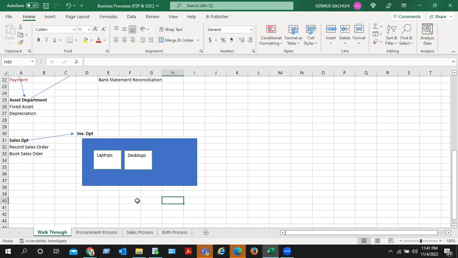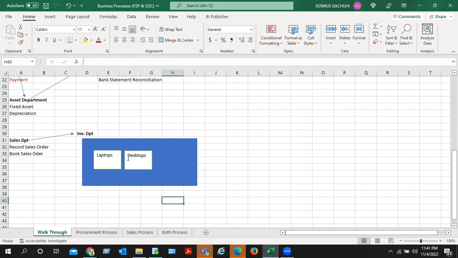What usually happens is, you can refer to these two sub-inventory departments as the stores under the main inventory department.